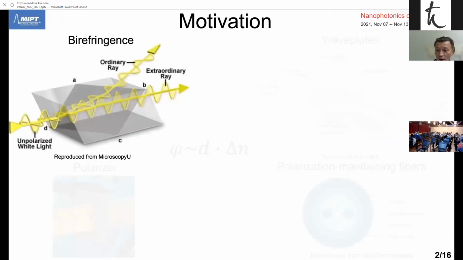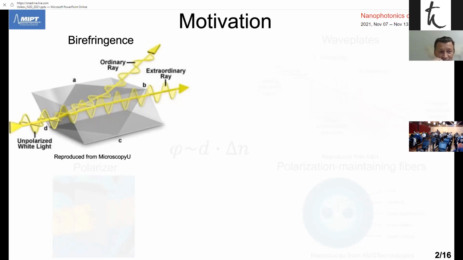I'm going to talk about anisotropic nanophotonics. As everyone knows, anisotropy is a very important phenomenon that plays a crucial role in light manipulation. This is all because of the birefringence phenomenon. It is all about doubling the incoming light into two different rays, which are traditionally called the ordinary one and the extraordinary one.